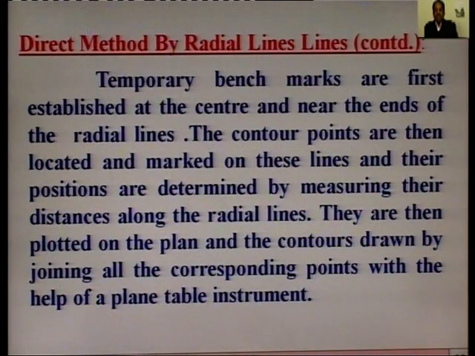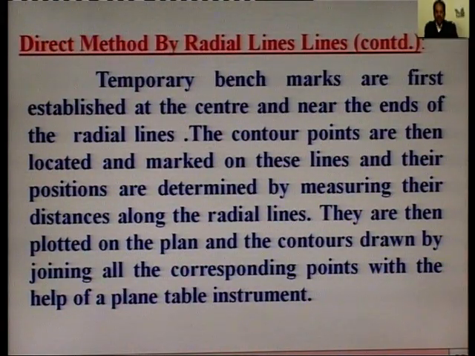Temporary benchmarks are first established at the center of the hill and near the ends of the radial lines. The contour points are then located and marked on these lines, and their positions are determined by measuring their distances along the radial lines.